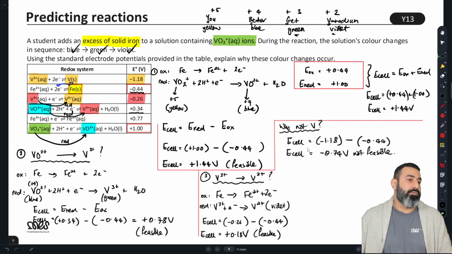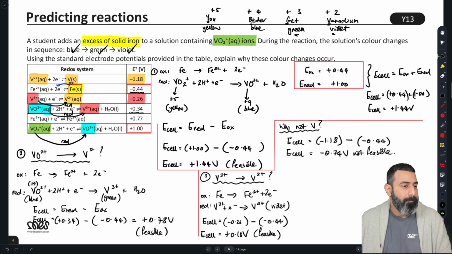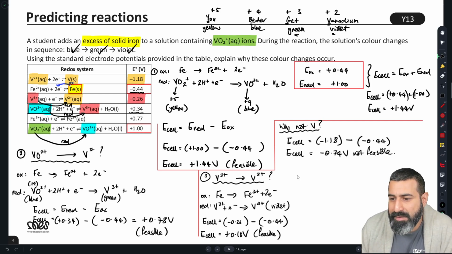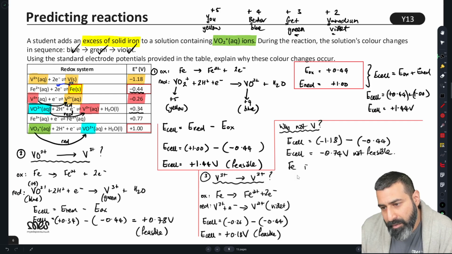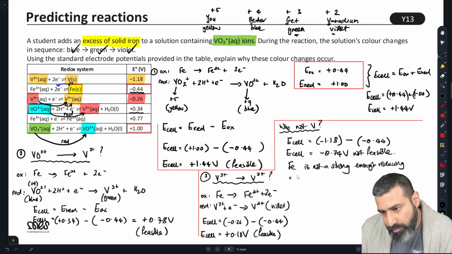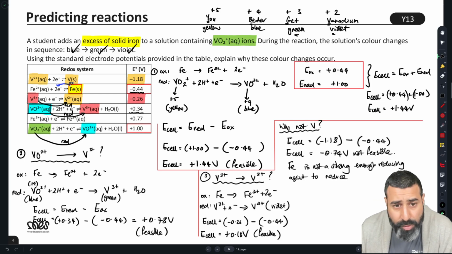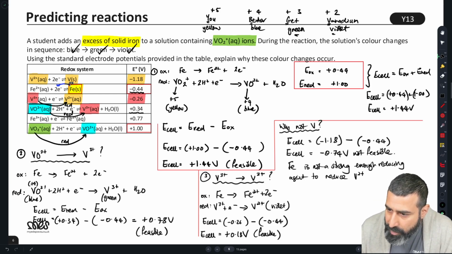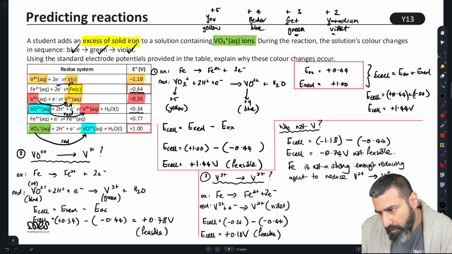So you can rationalize it through E cell values. And if we want to put it in words, we could say that iron is not a strong enough reducing agent to reduce V2 plus to V metal.